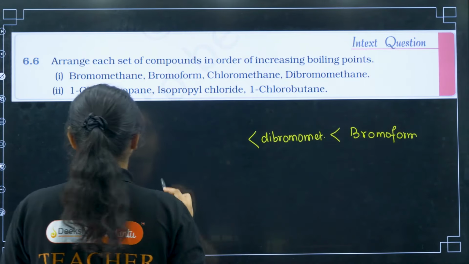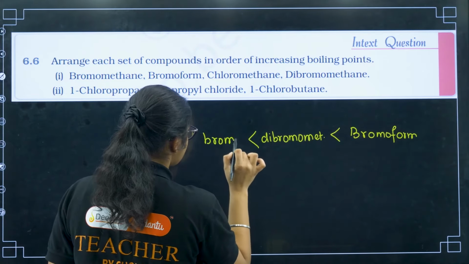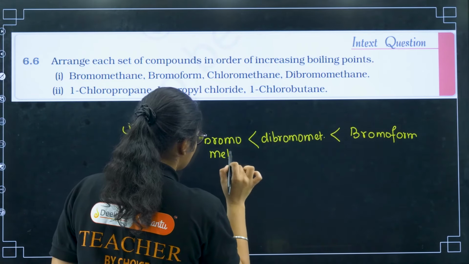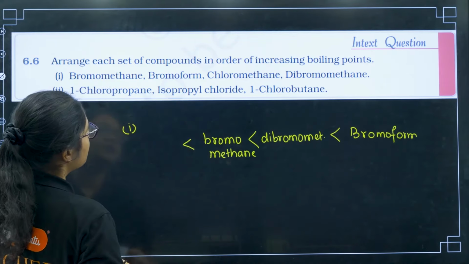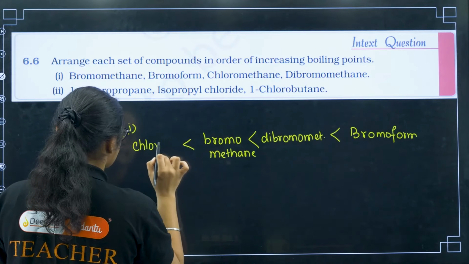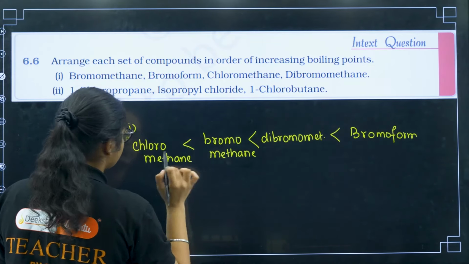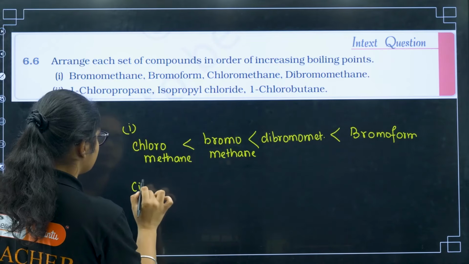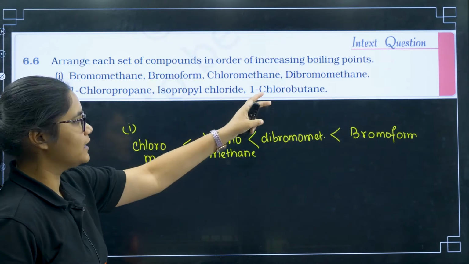Next we have bromomethane. Next we have chloromethane. Clear?